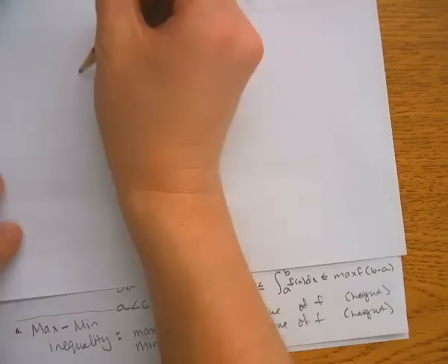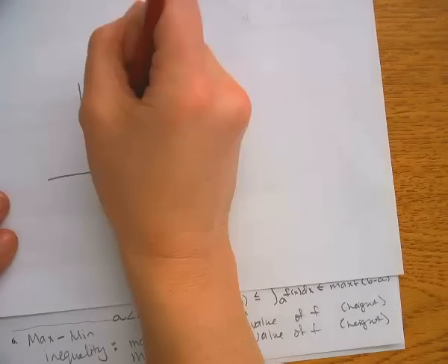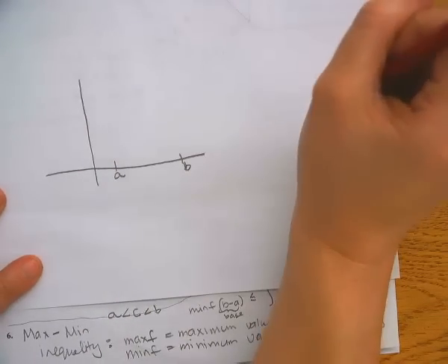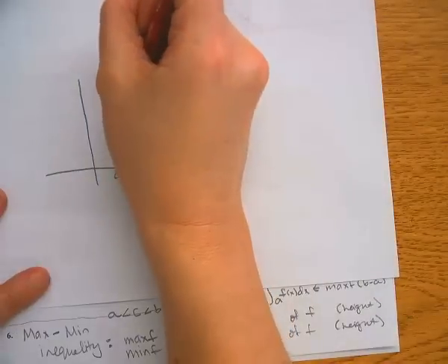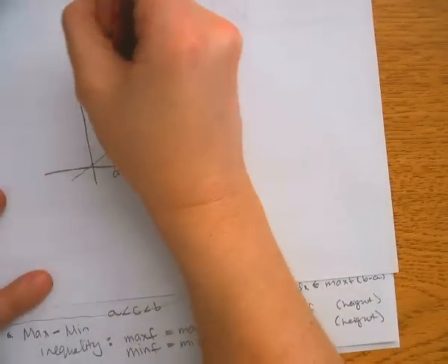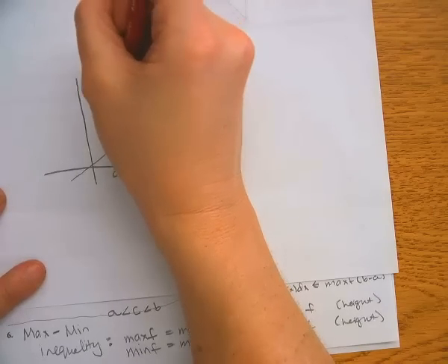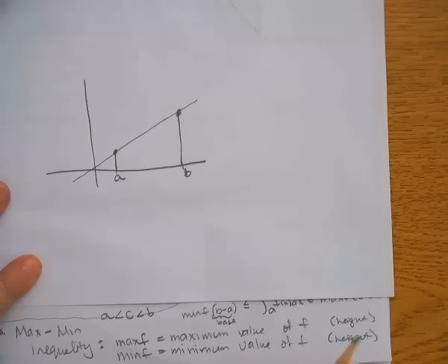So let's go ahead and make a real nice, obvious sort of max-min. So here's a, here's b. Let's just make it a straight line. That'll make it real obvious. So on this interval, when we have an interval, we have to ignore everything else.